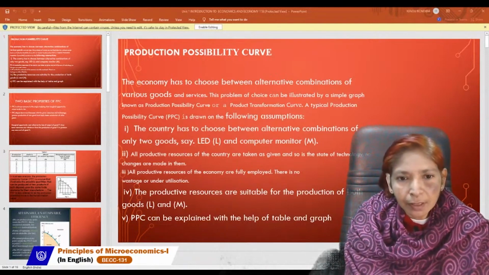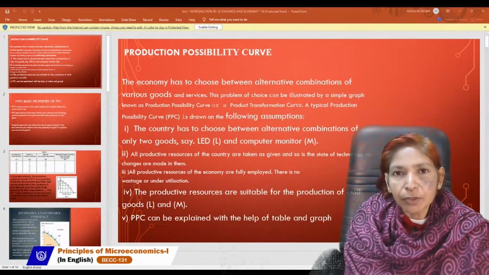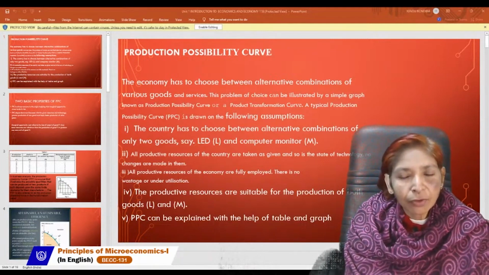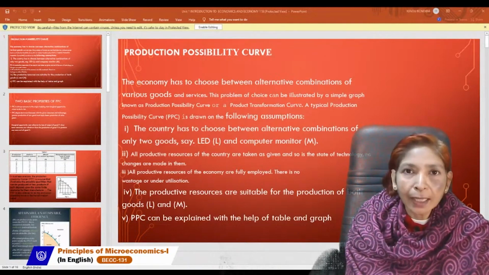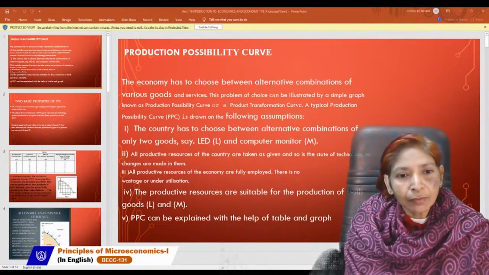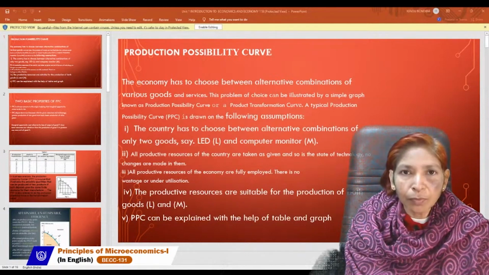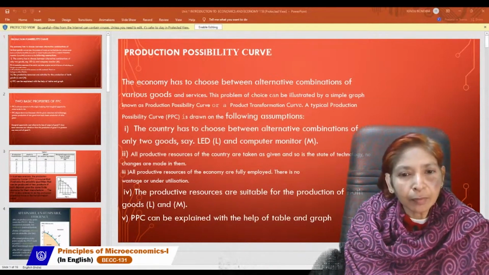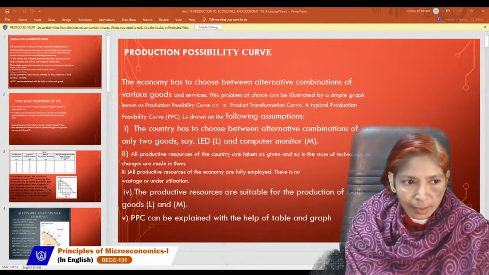For example, if we are producing two goods like LED and computer monitor, then we have to make a choice between these two products. Either we can produce more LED or we can produce more computers. If we produce more LED, then computer monitors will be produced less, and vice versa.